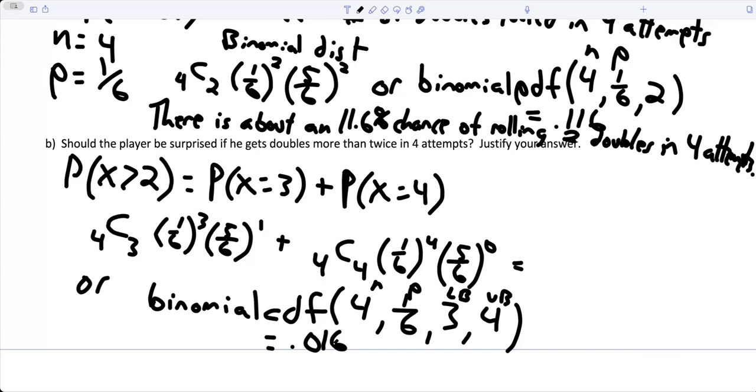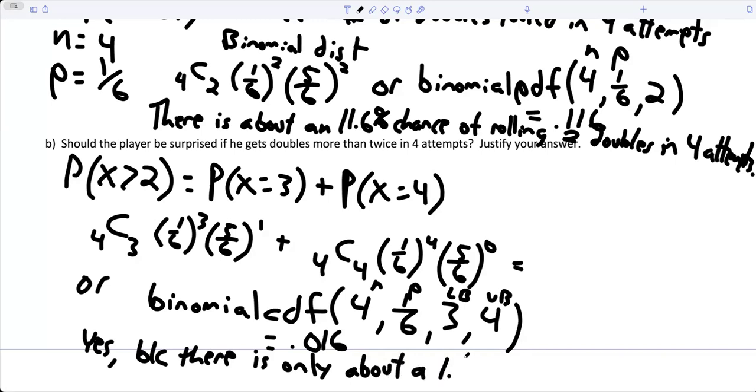So let's answer the question that they asked. So let's say yes, because there is only about a 1.6% chance of rolling more than 2 doubles in 4 attempts.